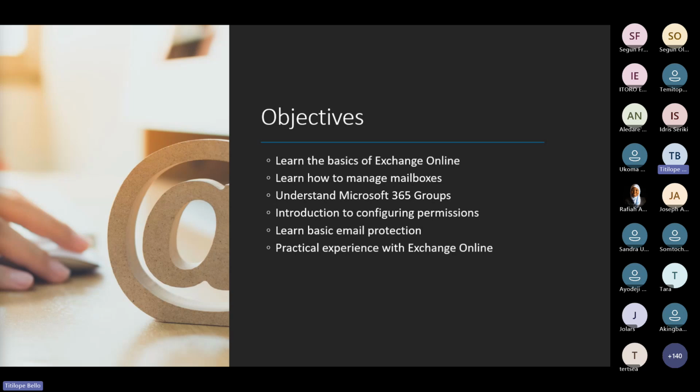There are other groups. I hope I'll be able to give you more information about the different types of groups that we have in Exchange Online. And if time permits, we'll talk briefly about permissions at a basic level. And then you'll have that hands-on experience on how to manage your Exchange Online environment.